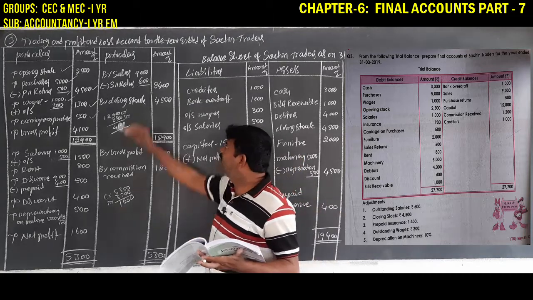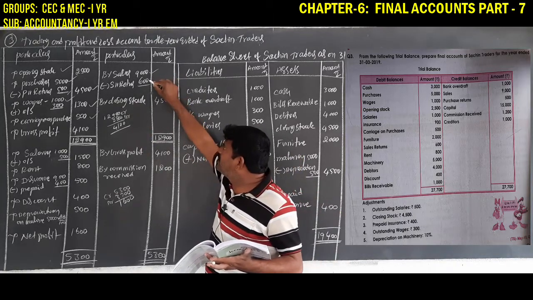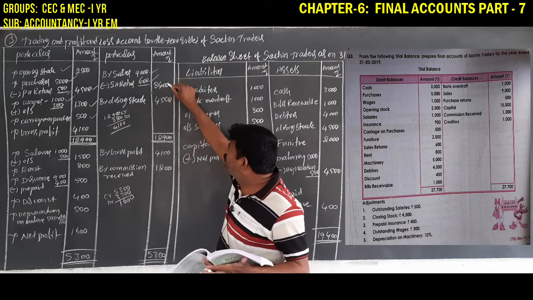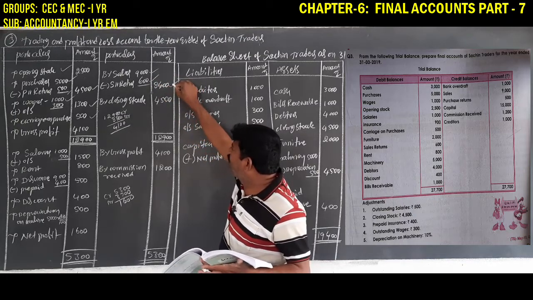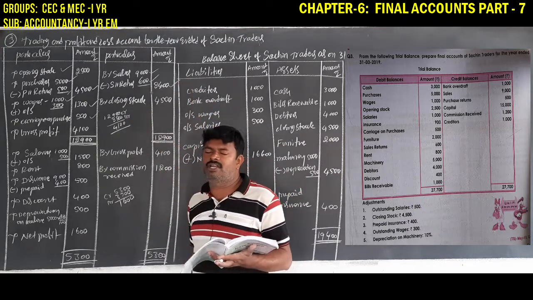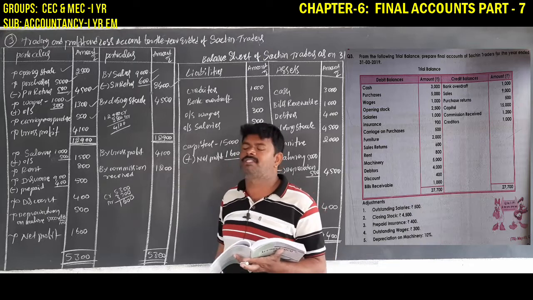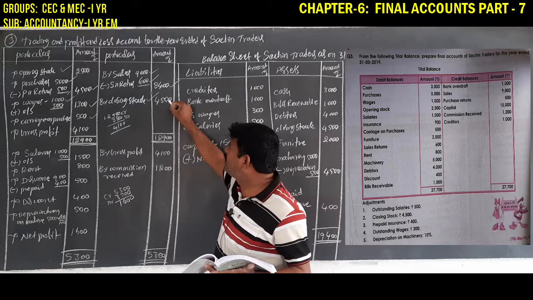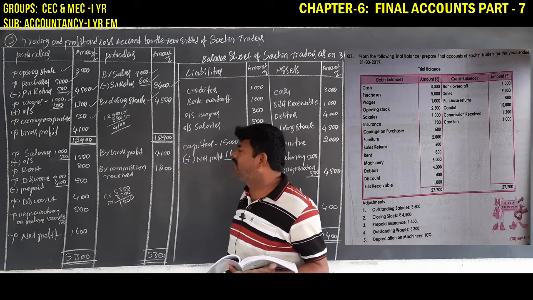By sales; the sales returns are given on the debit side. Sales returns of 600 rupees deducted from the sales, we get 8,400 rupees. This is another one. Next, closing stock: it is given in the adjustment, so it must be taken to the trading account credit side.